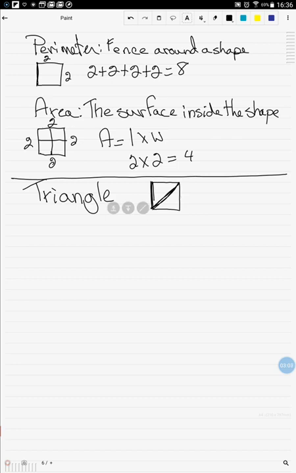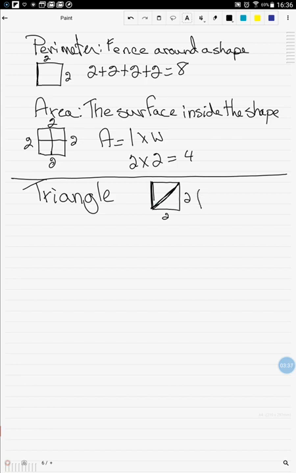So I end up having 2 triangles, right? If I do one side times one side, I get the area of the whole square. So to get my triangle, I need to do the base times the height divided by 2.